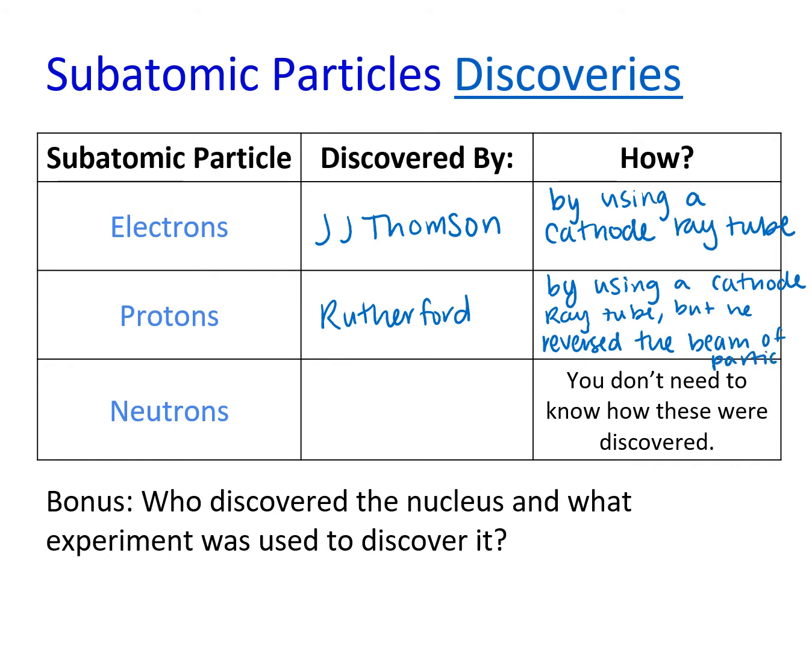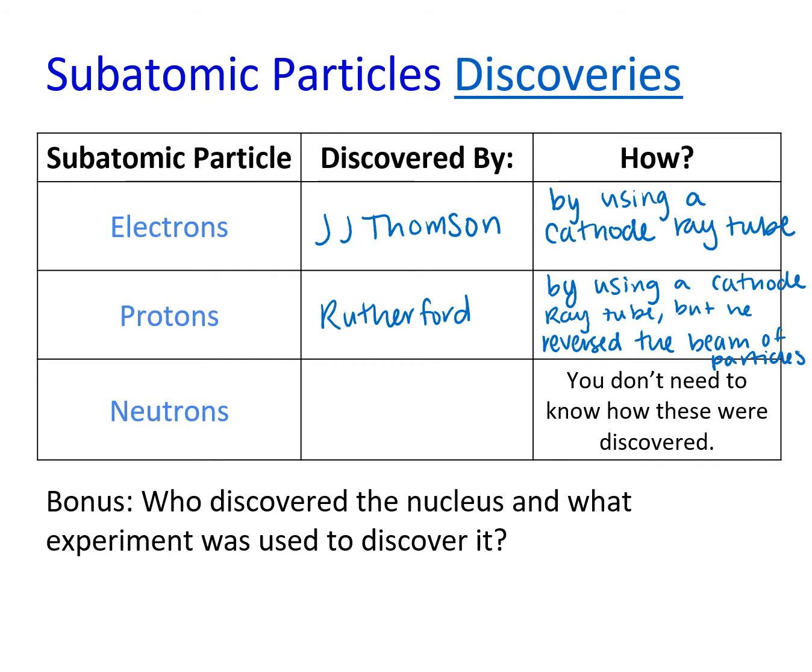And so by reversing the beam of particles and having it originate at the anode instead of at the cathode, he actually changed the charge of the particles in the beam and realized that those particles were now positively charged, and he termed those positively charged particles the proton.